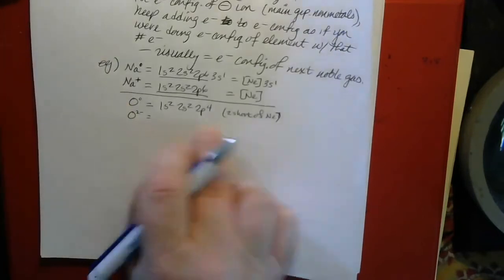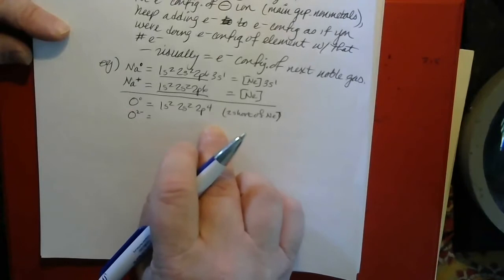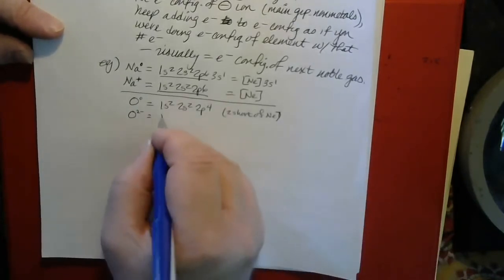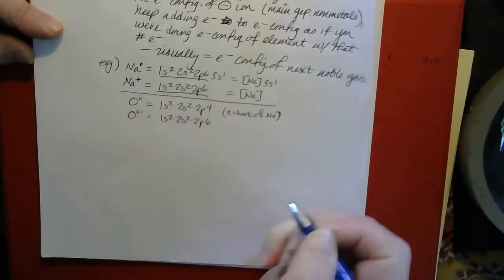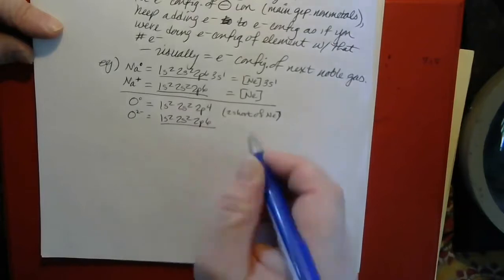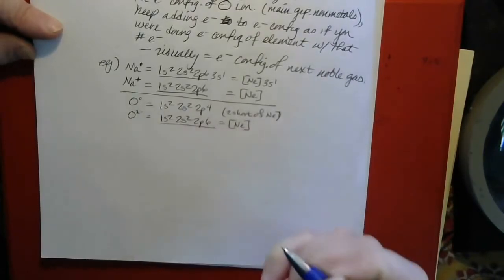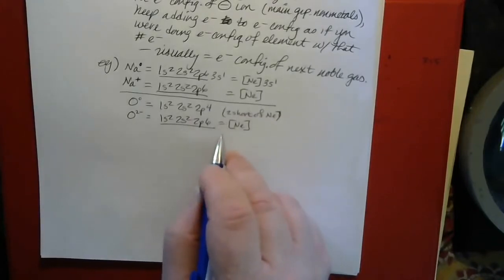So you just write out an electron configuration for something that has 10 electrons, which is, by the way, neon. So there you go, 1s2, 2s2, 2p6. And therefore, we can call it also neon in square brackets.